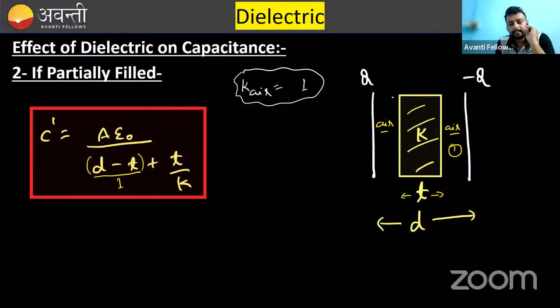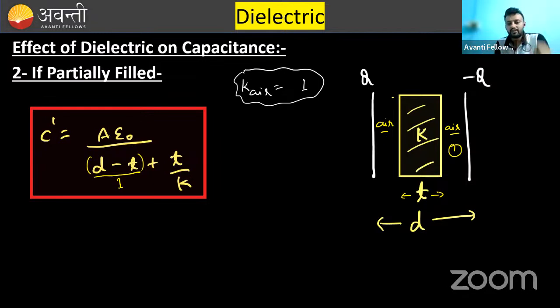So identify the situation: A epsilon naught divided by T upon K. T is the thickness of the dielectric, divided by its dielectric constant, T by K, plus D minus T, which is the thickness of the air.